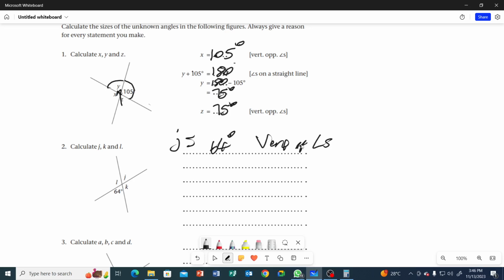Okay, vertically opposite angles. Now, since J is equal to 64, what will be K? K and J are on a straight line. So K plus J, which is 64, is equal to 180 degrees. Reason: angles on a straight line.